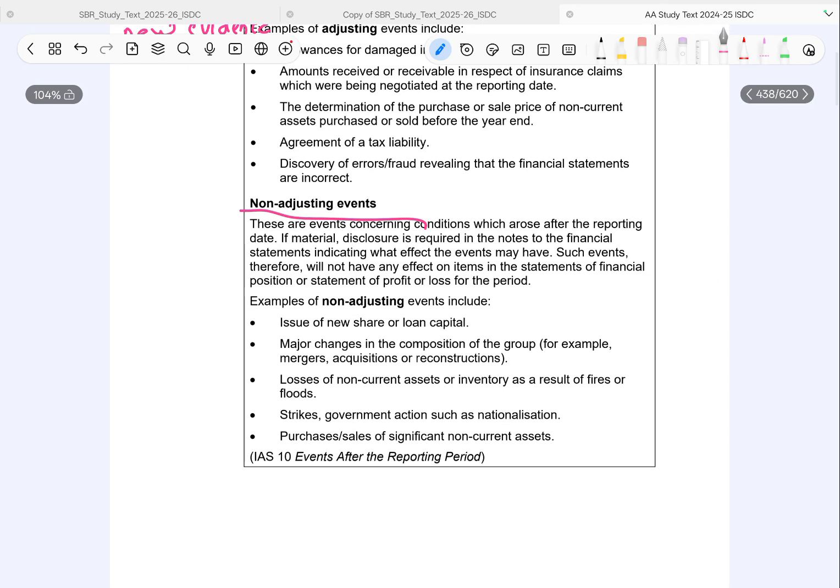These relate to conditions that occur after the reporting date. So nothing existed at year end. This is all new, which means we do not adjust the financial statements. But if it's important, we still disclose it in the notes, which we write below our financial statements.